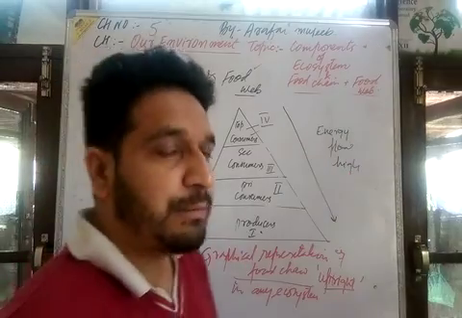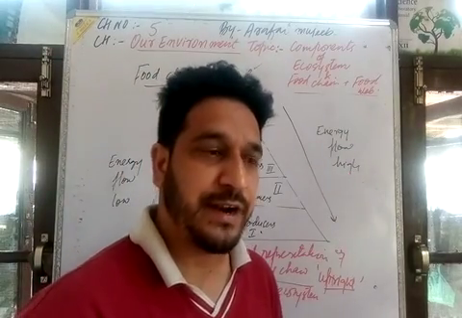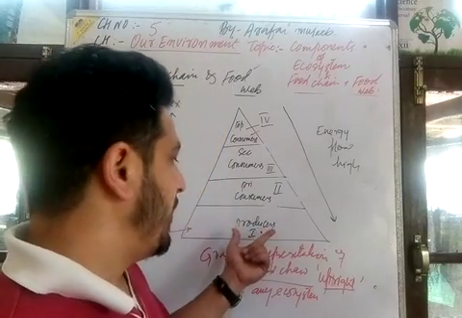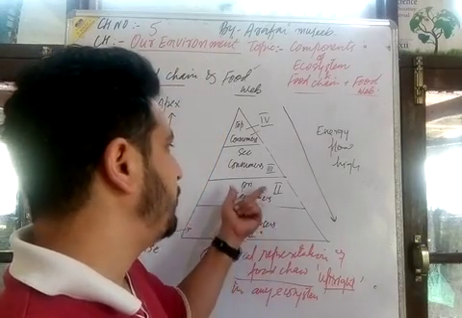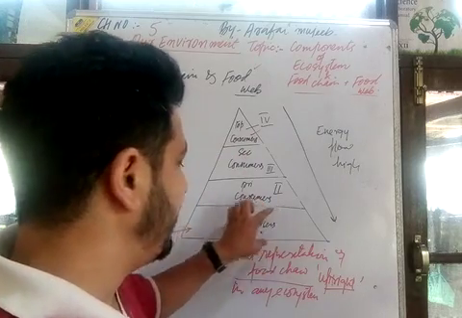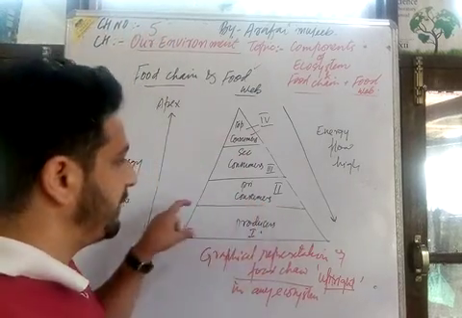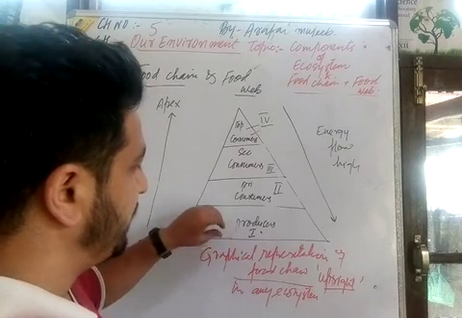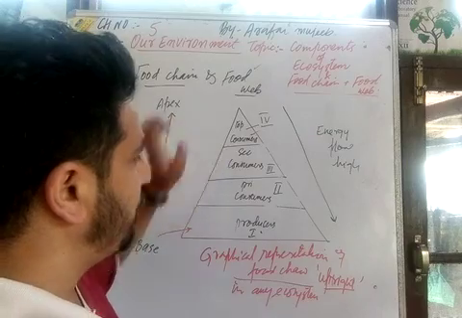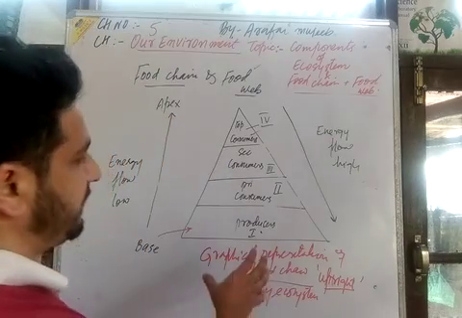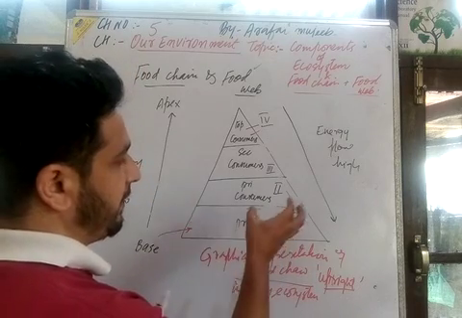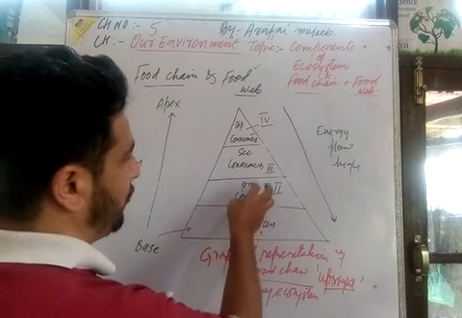The producers' number should be high and abundant, as they are the providers of food and support the food chain. Hence the base of the pyramid is broader and larger in size than the other trophic levels, in a graphical representation of the food chain that includes the different organisms.